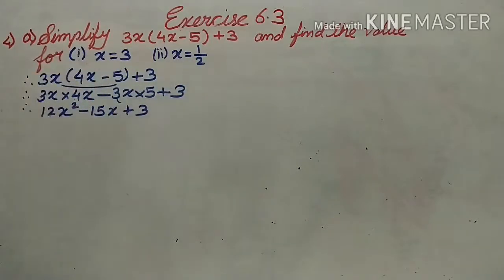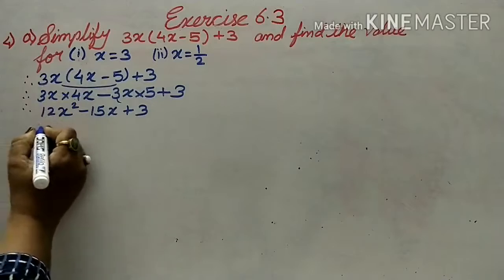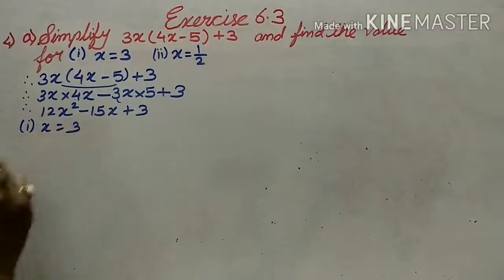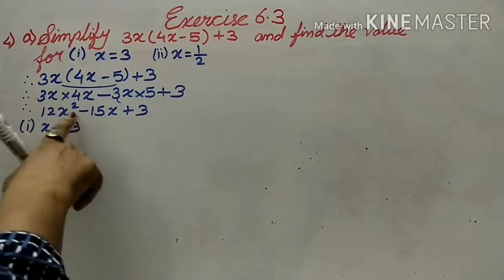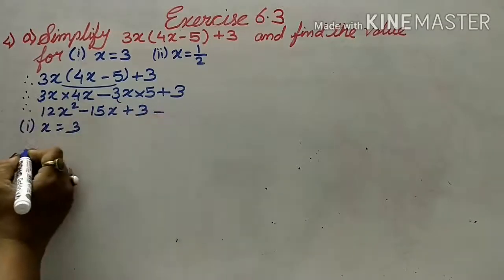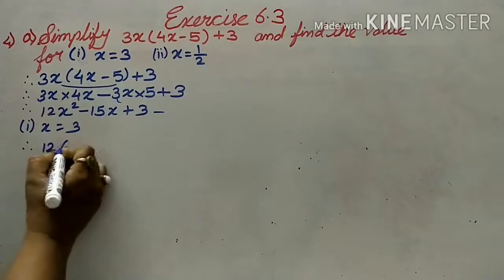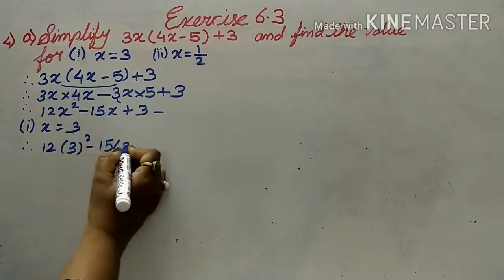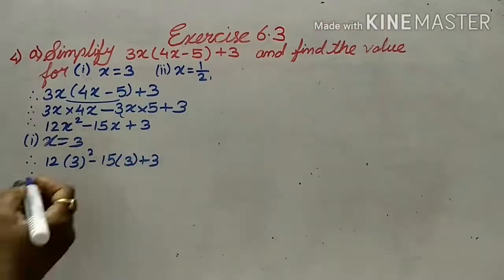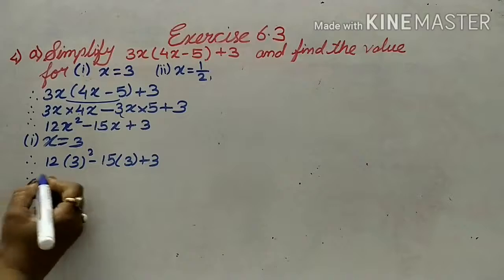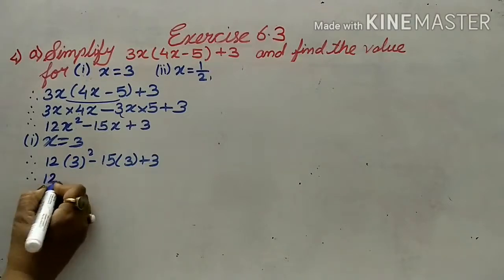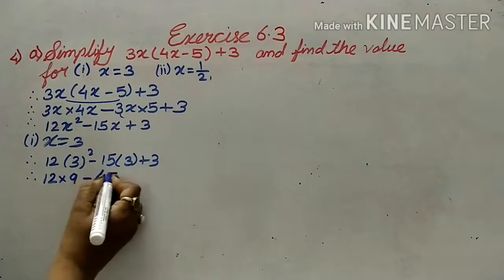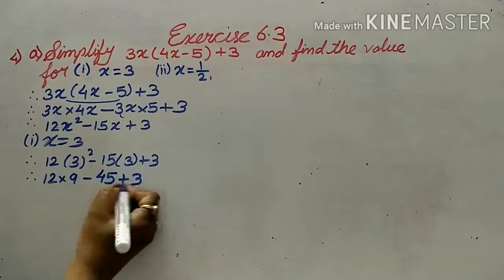Now first one, x is equal to 3. Now we have to substitute x is equal to 3 in this equation. Therefore, 12 into bracket 3 square minus 15 into 3 plus 3. 3 square is 9, minus 15 3s are 45, plus 3.